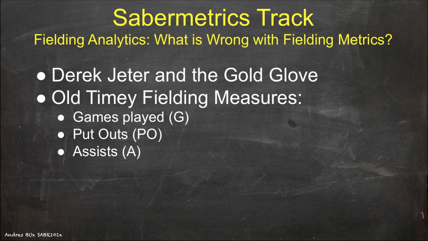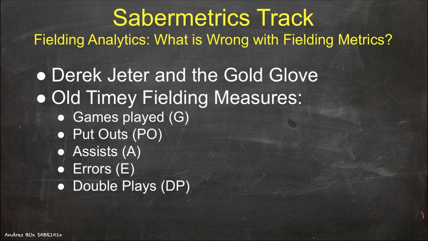And strikeouts, assists where a defensive player fields or touches a ball before a putout is made, could be unintentional. Errors. Now, errors are defined as a misplay, and we're going to talk about errors next.